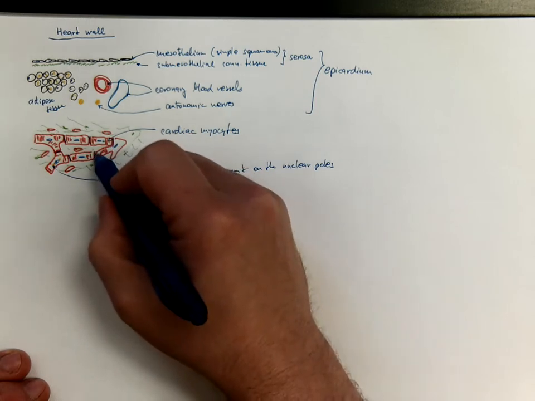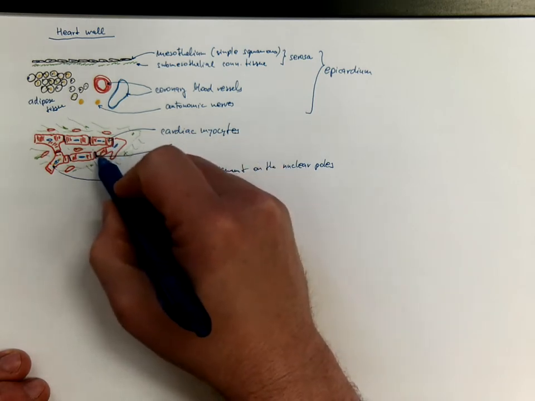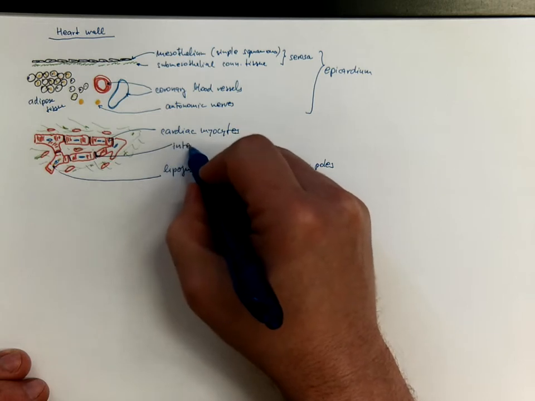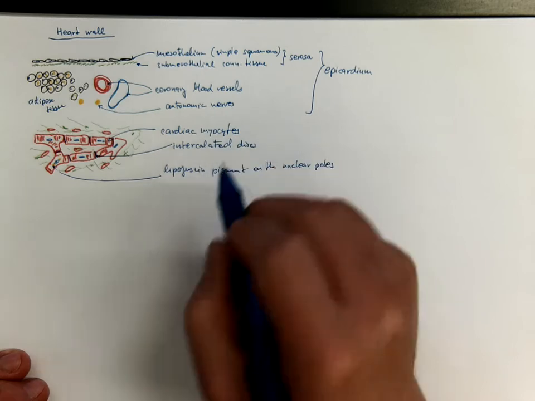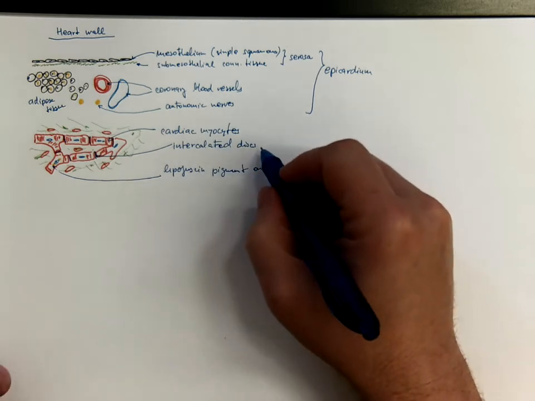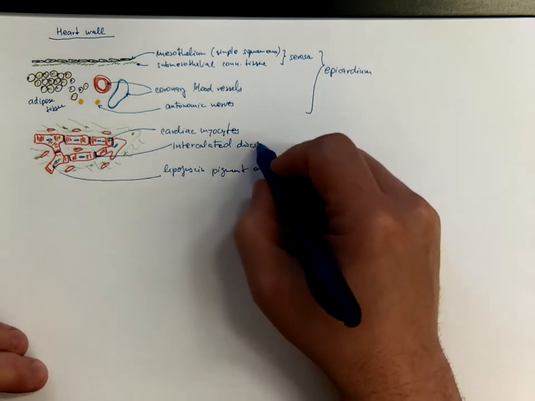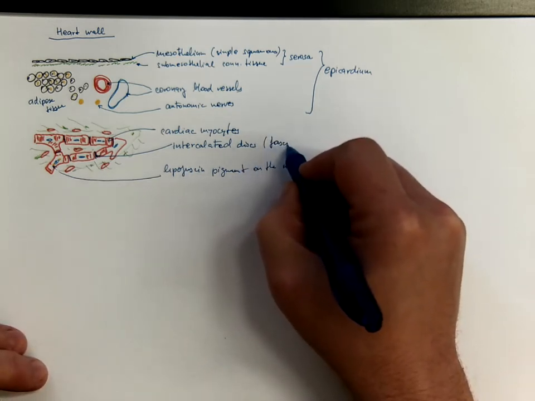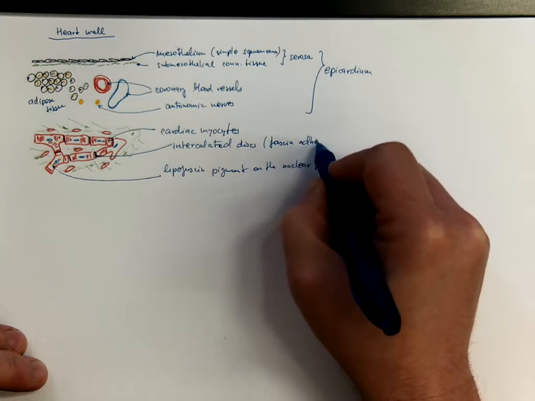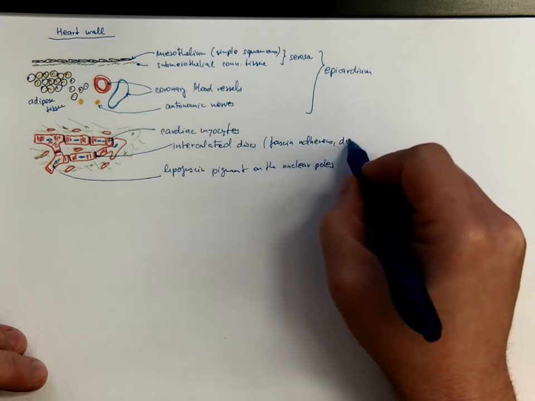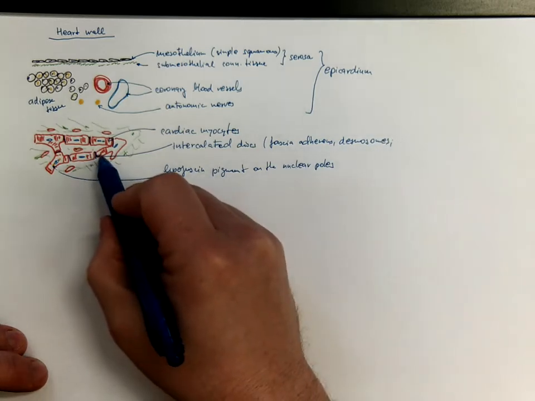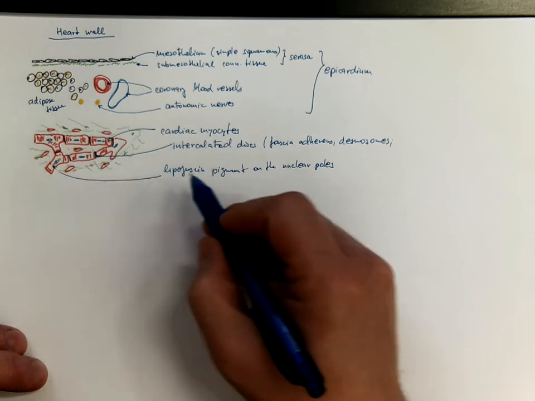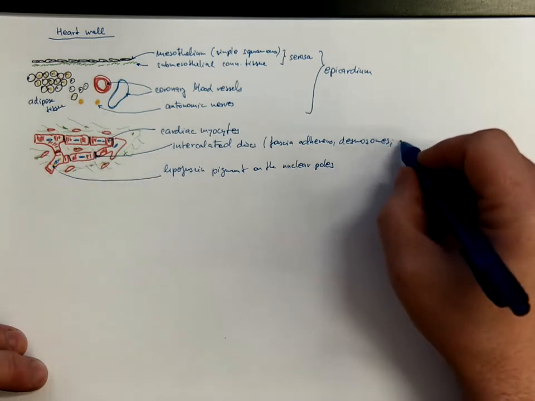There are intercalated discs between cardiac myocytes, with cell junctions responsible for mechanical cohesion among the cells. That's fascia adherens, desmosomes. And also there are cell junctions that electrically connect the sarcoplasms of the adjacent cardiac myocytes, which are the gap junctions.